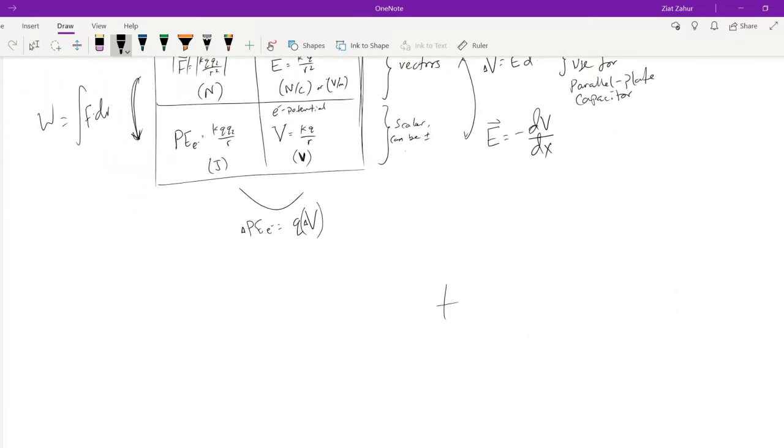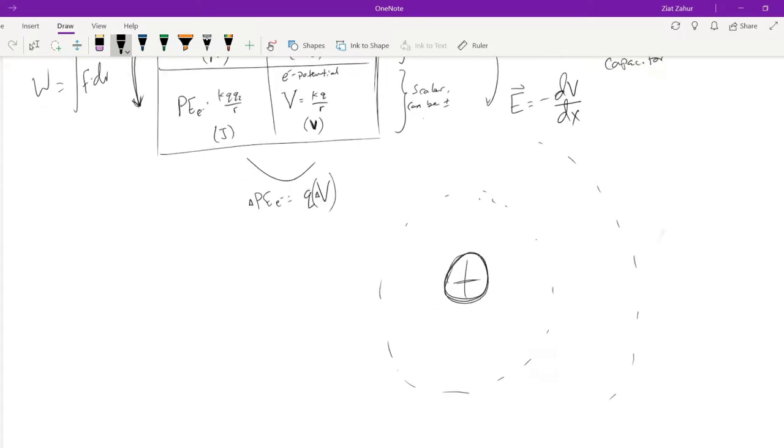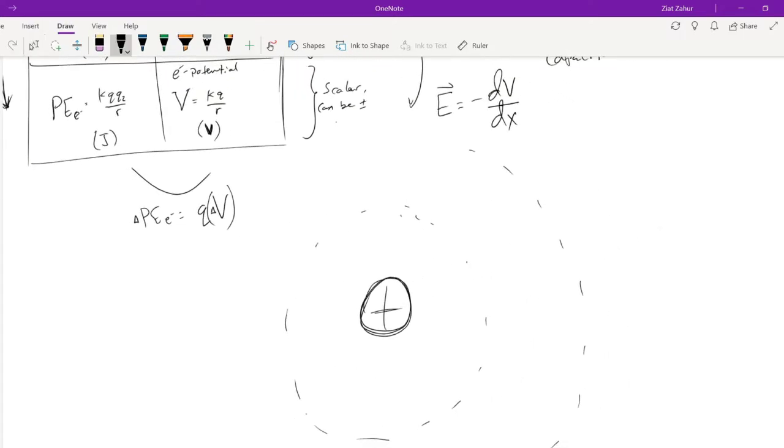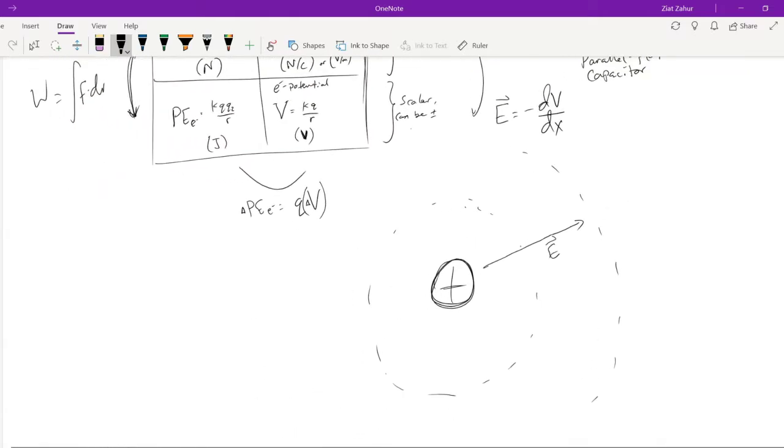Let's say you have a positive charge. And of course, from a positive charge, the electric field points away from it, right? But the voltage, the equal potential lines, are based on radius.